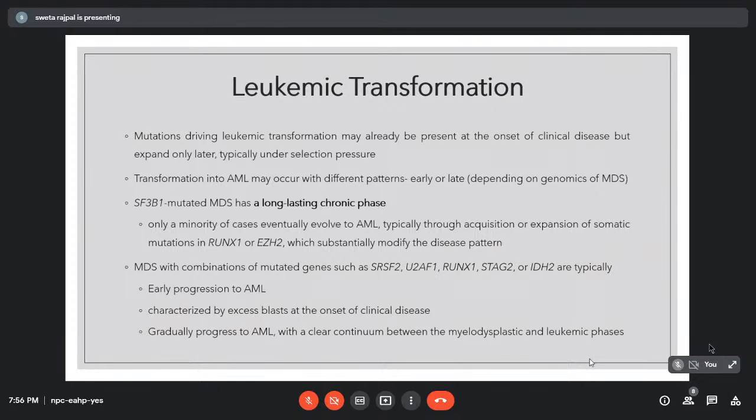The mutation itself is a low-risk one, so it won't progress unless there is acquisition of another mutation, commonly involving RUNX1 or EZH2, that will lead to progression of the disease. In comparison, high-risk MDS, which involves spliceosome or cohesin mutations like STAG2 or RUNX1 or IDH2, will have an early progression to AML, and is characterized by excess blasts even at the onset of the clinical disease. So we can clearly see a progression of MDS to AML in these types of cases.